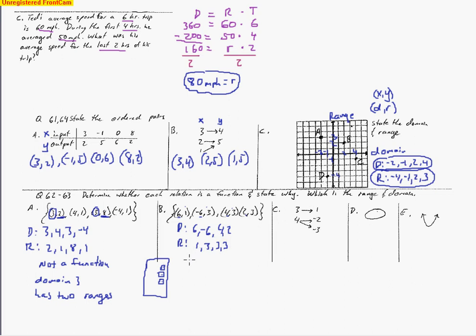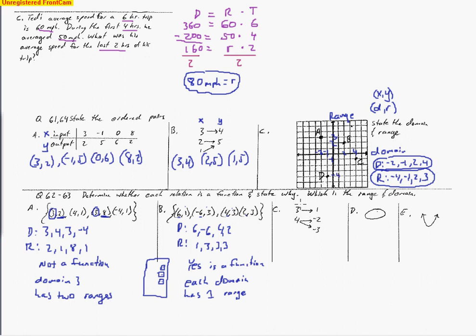So yes, this is a function, and the reason is because each domain has one range. So that domain, negative 6, has one range. 4 has one range. 2 has one range. It could be all the same range. Doesn't really matter as long as they only have one.